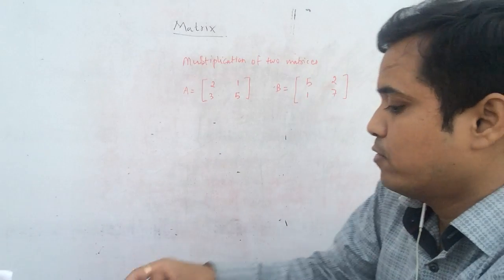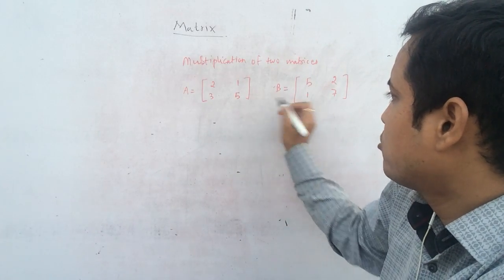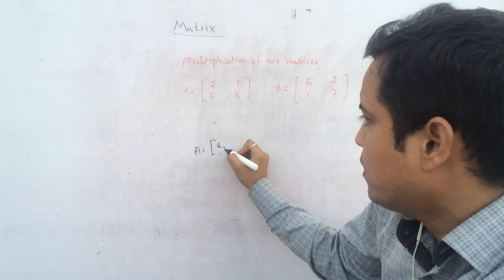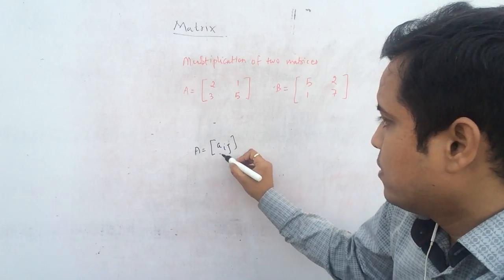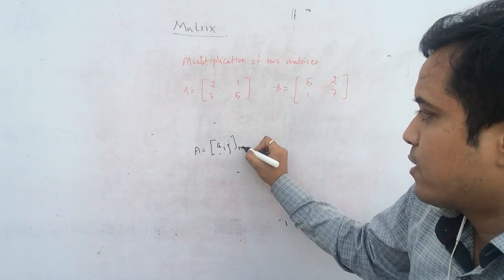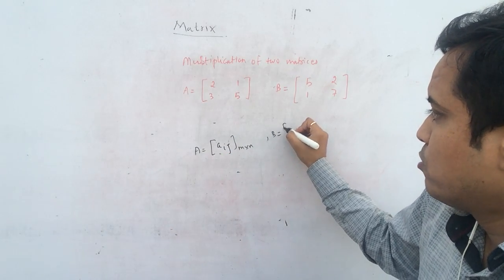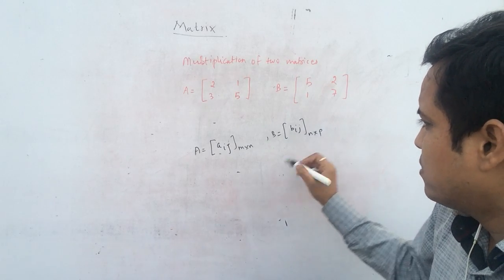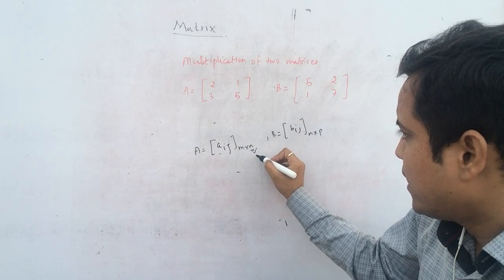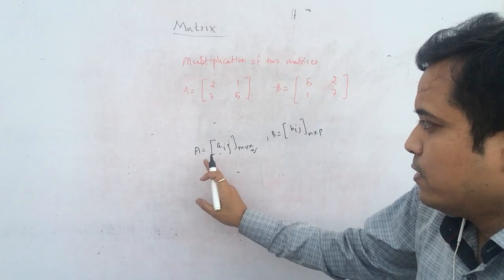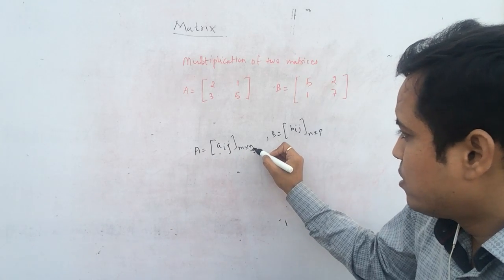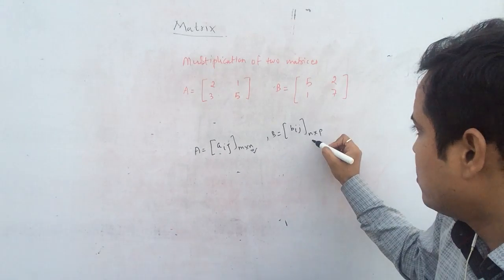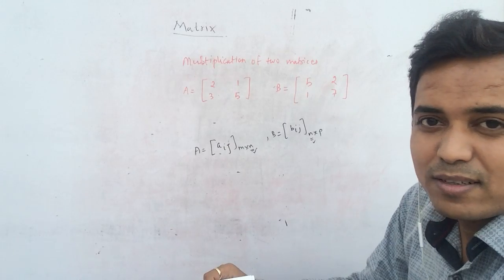If you want to multiply, first the order should be right. If you have two matrices, the first is A equal to Aij in order m cross n, then the second matrix Bij should have order n cross p. The number of columns of the first matrix should be equal to the number of rows of the second matrix.